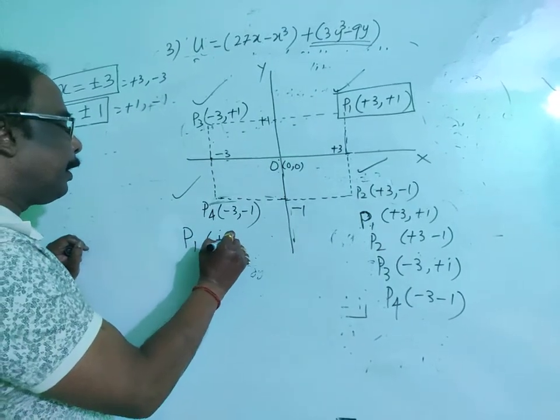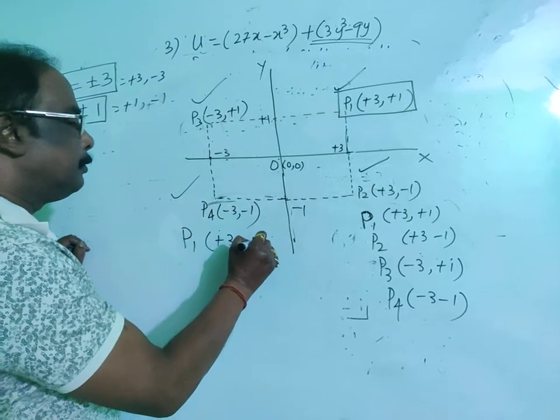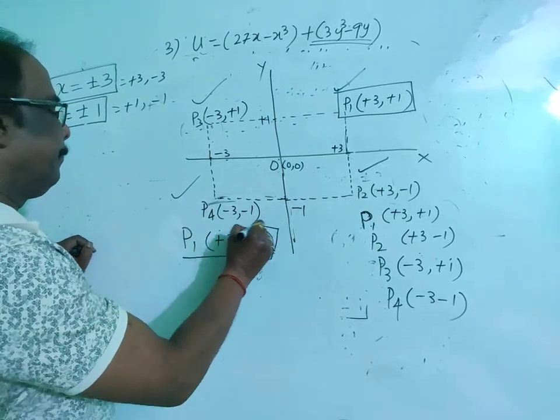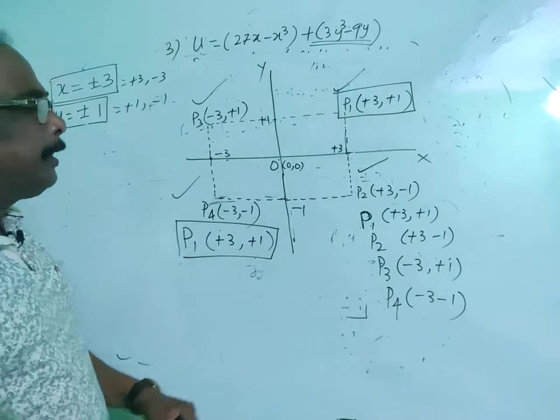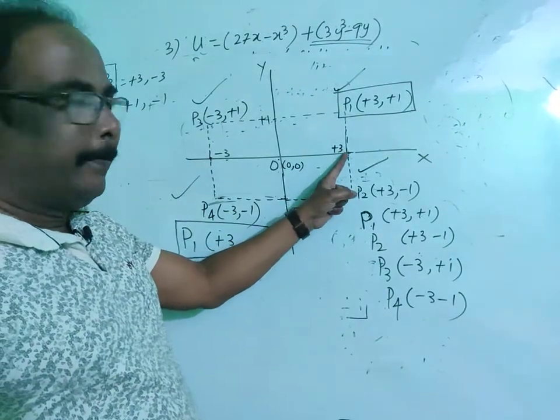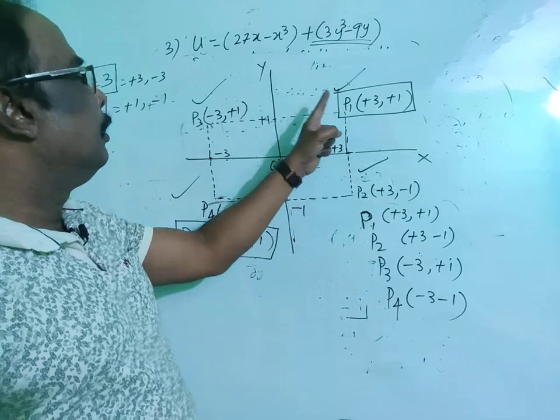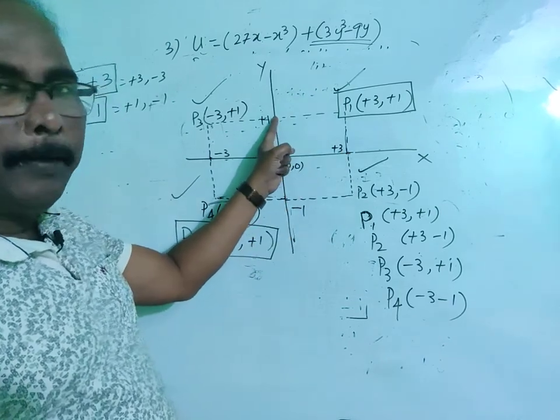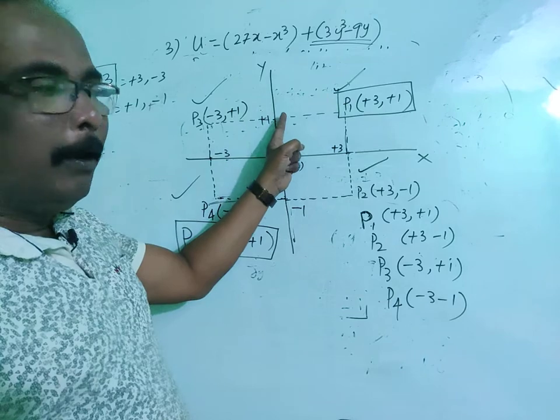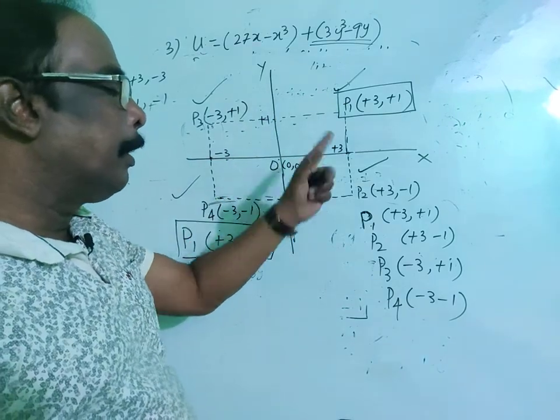Coordinates of point P1 are plus 3 and plus 1. I am analyzing whether plus 3 on the x-axis is stable or unstable, and whether plus 1 on the y-axis is stable or unstable equilibrium.